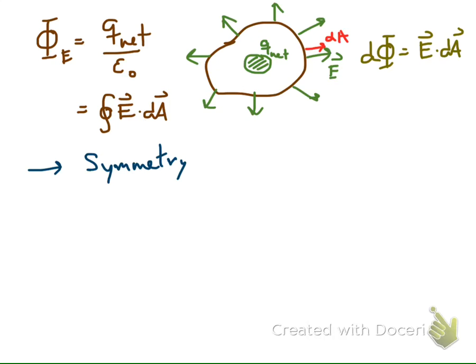Let us start with the simplest example, that is the electric field from a point charge. If we have a point charge Q, and if we want to calculate the electric field at this point, what is the electric field at this point?